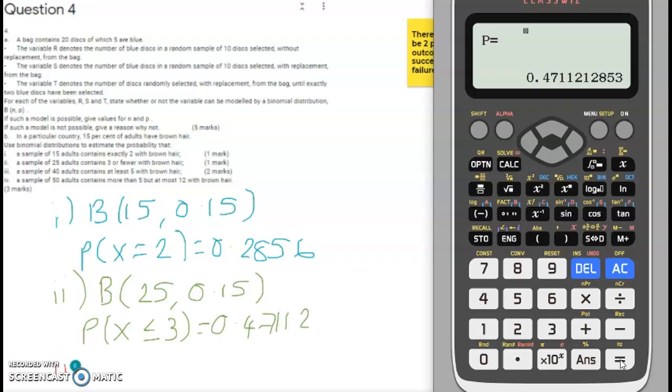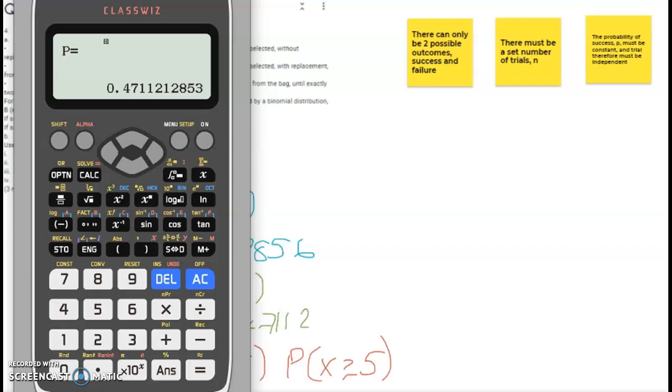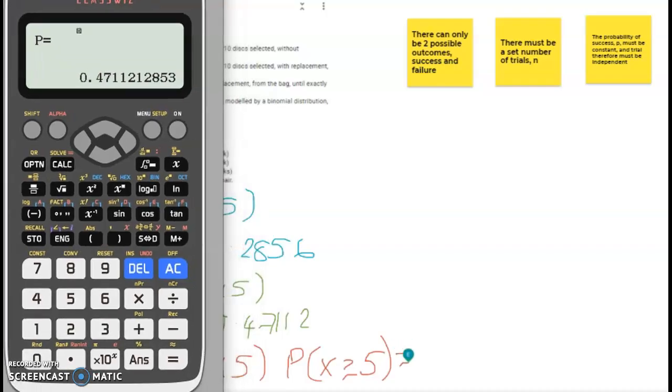Part 3. A sample of 40 adults this time. So binomial 40. I'm still sticking with brown hair, so 0.15. And this time I am asked for at least 5. So the probability of 5 or more. Remember, my calculator can't do greater than, so I have to do 1 minus what I don't want, which is less than or equal to 4.